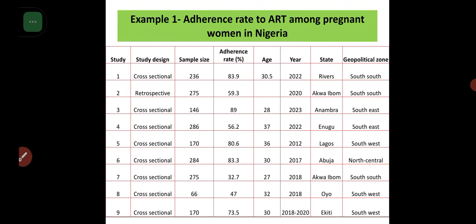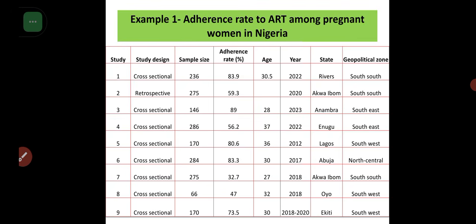Meanwhile, this age that they have excluded is still within the reproductive age of a woman. So there is missing empirical data among these people, because there could be some behavioral changes in teenage life. There could be some behavioral changes even at 40 or so that could influence the way they comply to drugs. So that wasn't captured. So it's a gap.